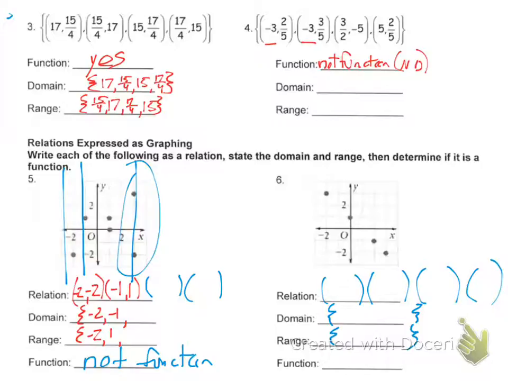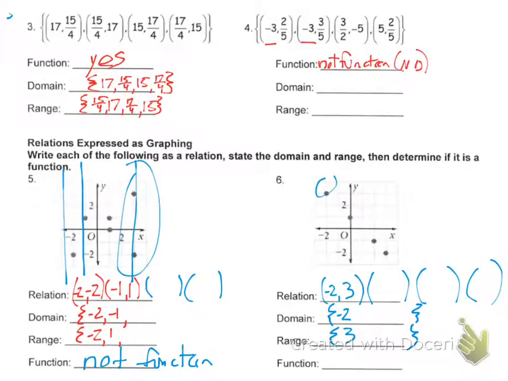Let's just do the first point way up top there. What is that? Negative 2, 3. So in the domain, you would have negative 2. In the range, you would have 3.